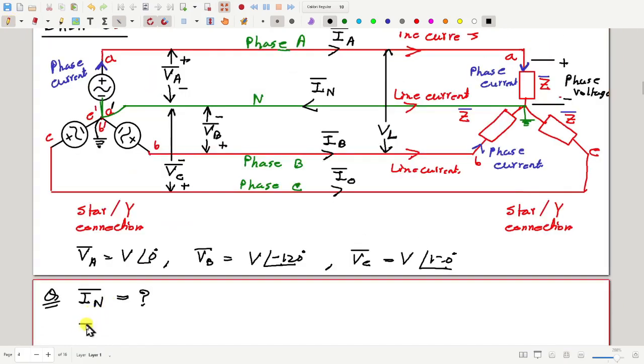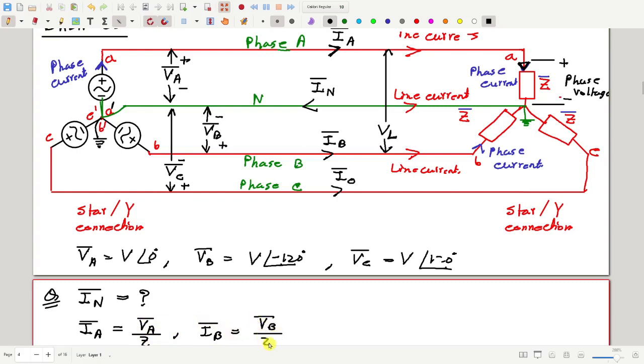Before that, how much is IA? IA is this current here, which is also flowing through ZA or Z. How much is IA? VA by Z, V angle 0 degree by Z. How much is IB?